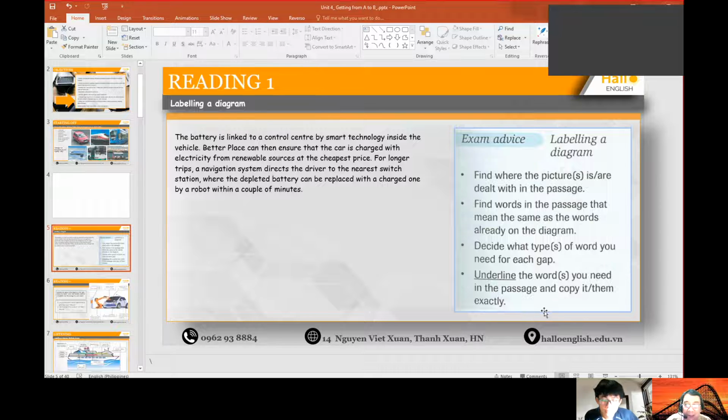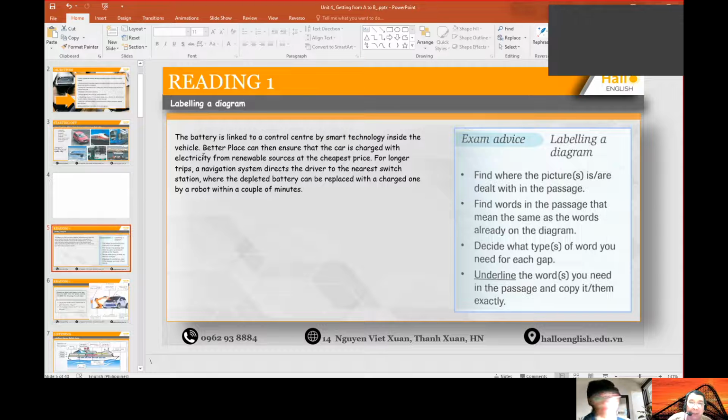Okay? So underline, that means, let's say, for example, you were able to find smart technology. So underline that one. Okay?